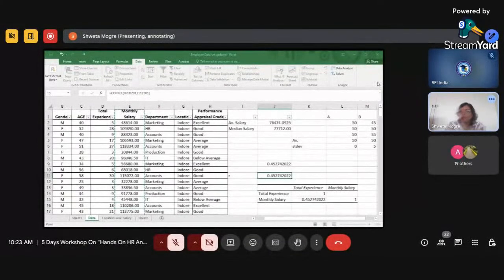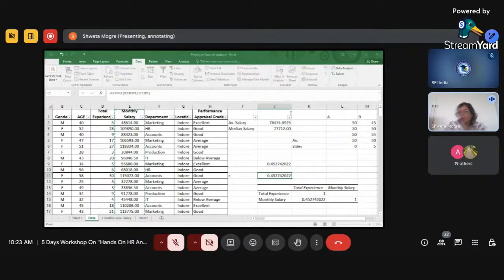What I have done till now: I put my cursor on input Y range, select the first cell of my Y range, that is the heading, and press Control Shift down arrow key.